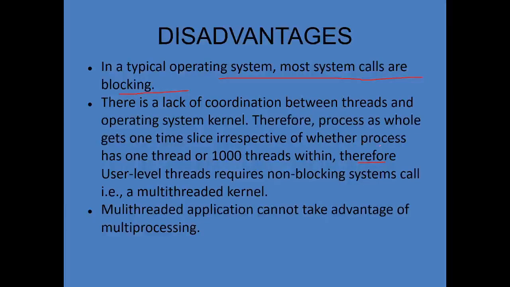Therefore, user level threads require non-blocking system calls, that is, a multi-threaded kernel, where the user thread will be handled by the kernel threads. Also, a multi-threaded application cannot take advantage of multi-processing.